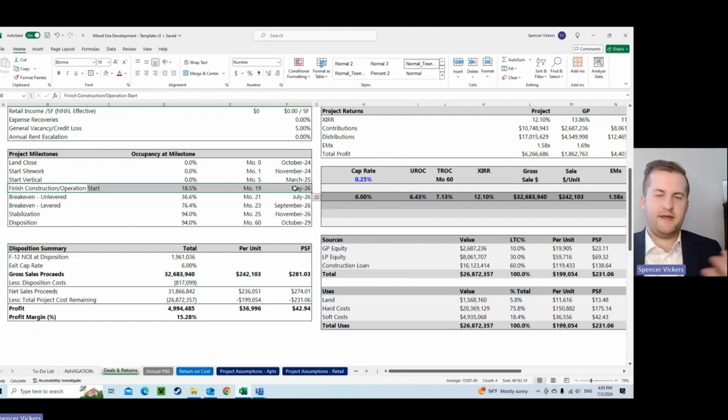So backing up for just a second, you can certainly get very granular with the type of modeling that you're doing, right? You could align this to more of the reality that these buildings are going to deliver sequentially and you're going to be able to realize income faster. And that's all well and good. But if you've ever worked in real estate development before, you know that delays arise, things happen.